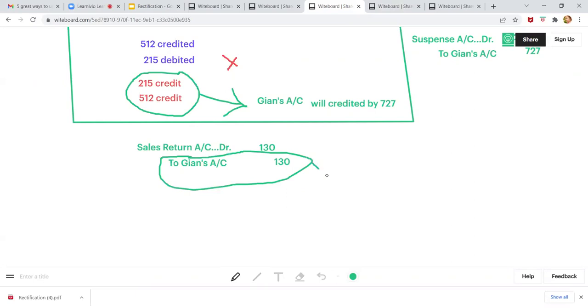So this portion is posted correctly, right? But the mistake is done in this part.